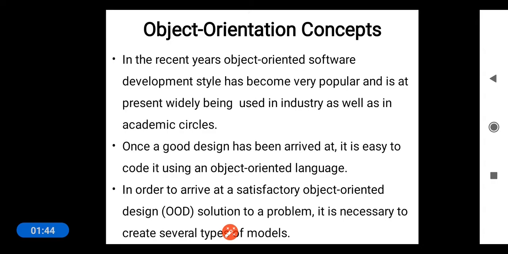If the designers are able to generate good designs, then obviously we can implement them much more easily. Because of these reasons, object oriented concepts have gained much popularity when compared to procedural oriented software design.